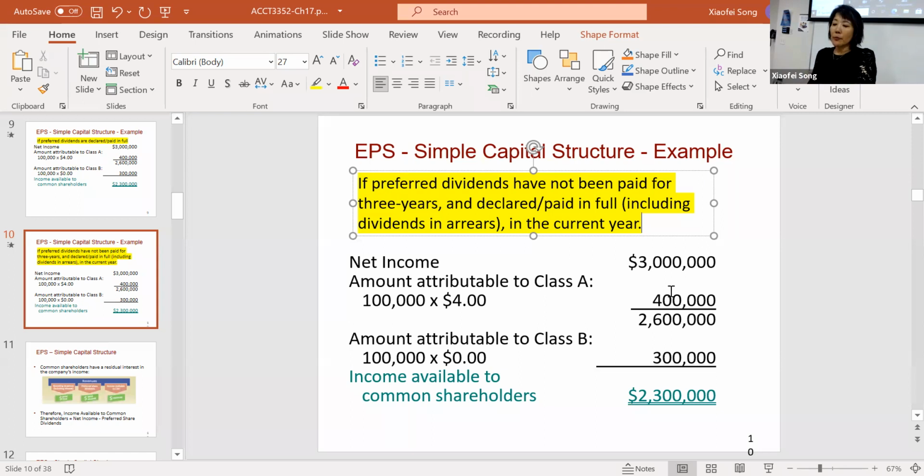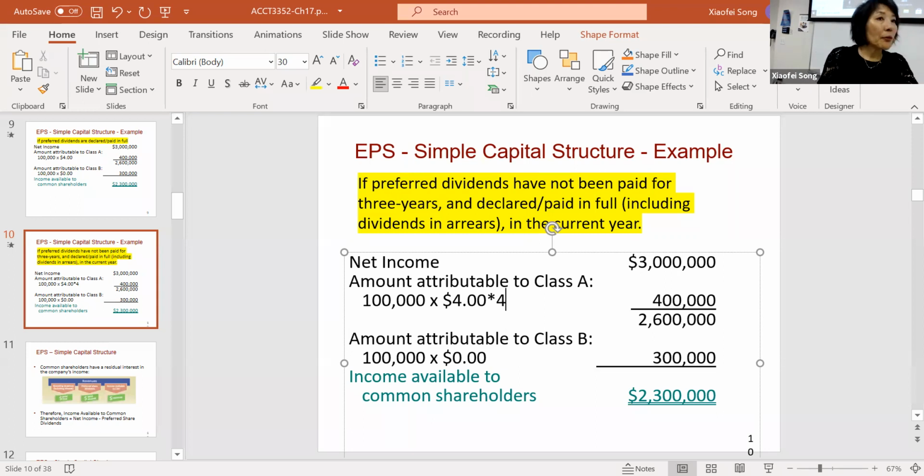Do we need to subtract here like 4 times? Yes, like over here, 4 times. That's 3 years in arrears, 1 year for current.